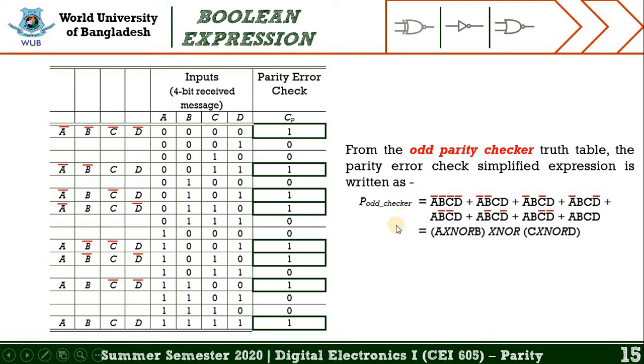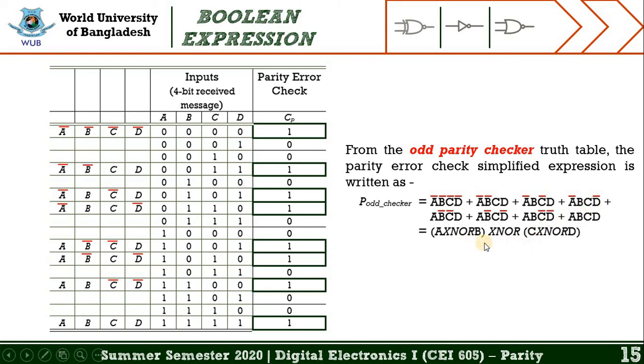The Boolean expression of the odd parity checker is symbolized by P subscript odd checker, which equals not A and not B and not C and not D, or not A and not B and C and D, or not A and B and not C and D, or not A and B and C and not D, and so on.